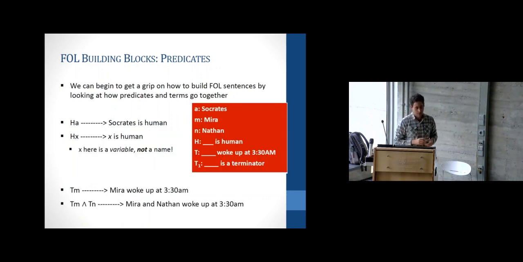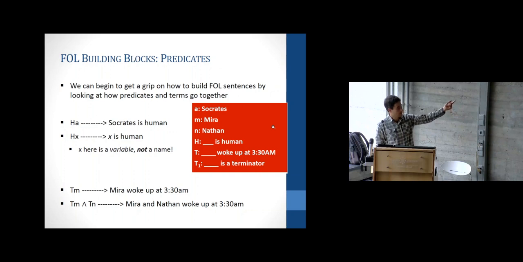Okay. So now we understand predicates and we understand these singular terms, names. We can start building up first order logic sentences. Here in red I have a symbolization key. A stands for Socrates, M for Mira, N for Nathan, and then I have the predicates: is human, woke up at 3:30 a.m., and is a Terminator. We read HA to be the sentence Socrates is human.